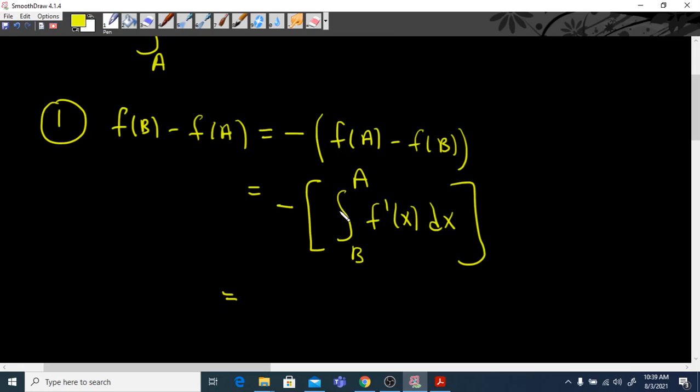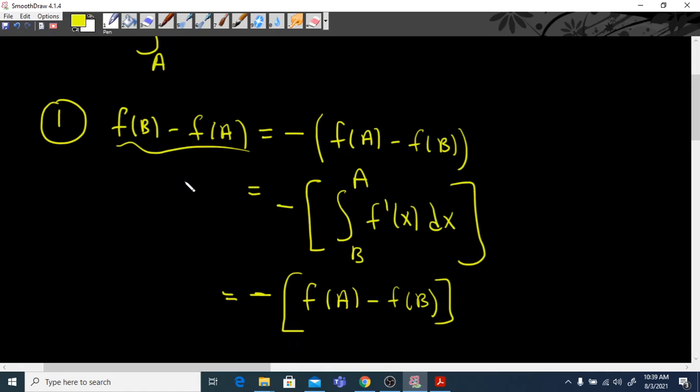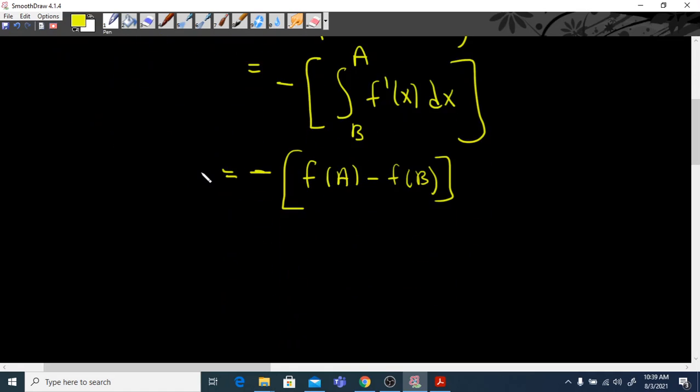We're integrating a derivative, so we're going to have negative, and then f at a minus f at b. And if I distribute, I get exactly what's here. So here is the point.